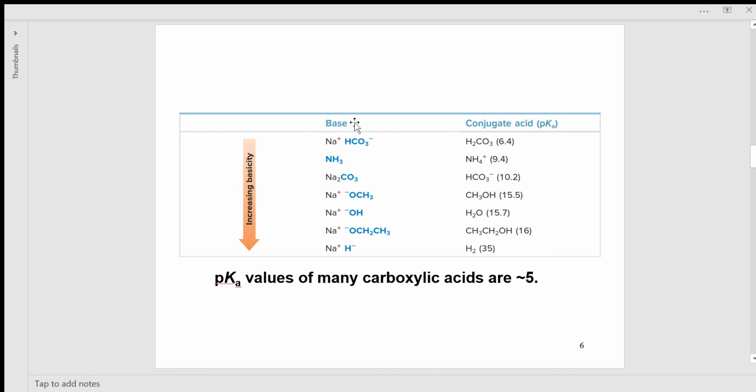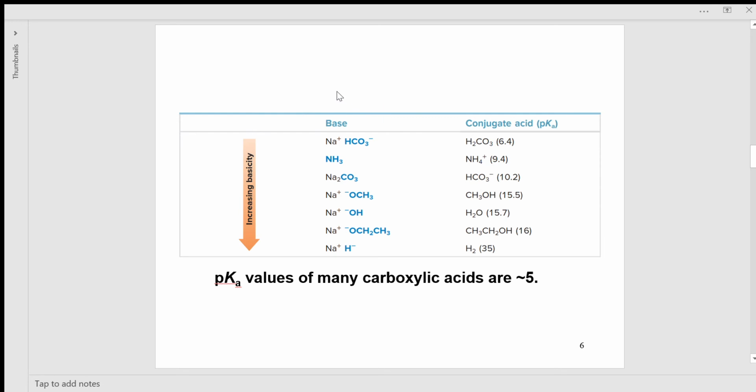Well, this side actually is the base. If we call this the acid, then we call this side the conjugate base. Or we can use another set of terms to define the molecules on the left side and the right side.